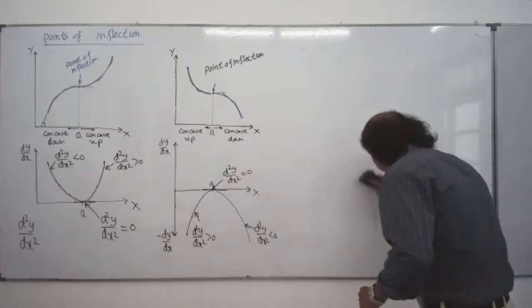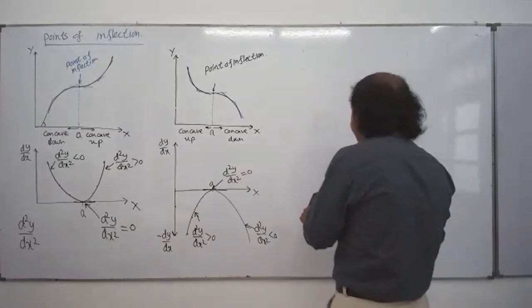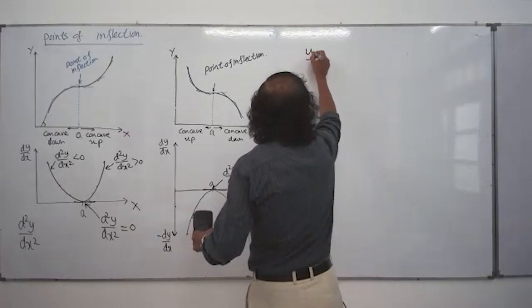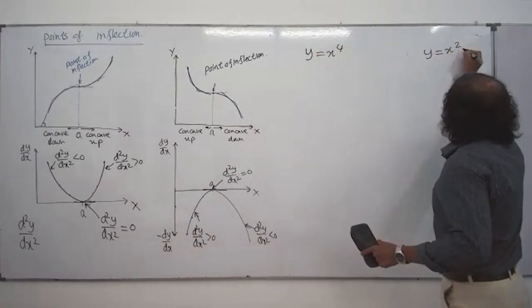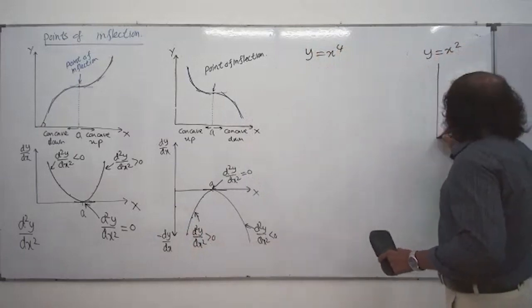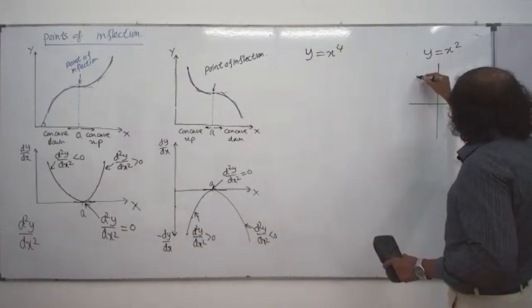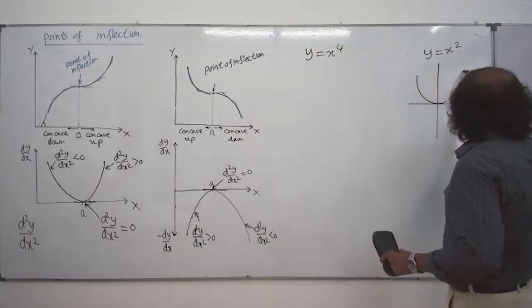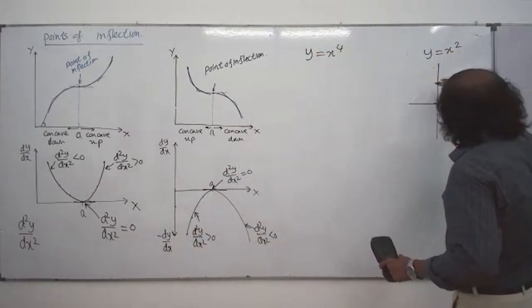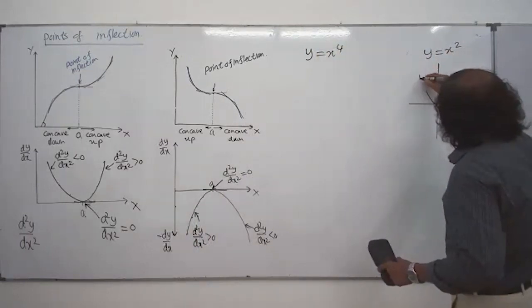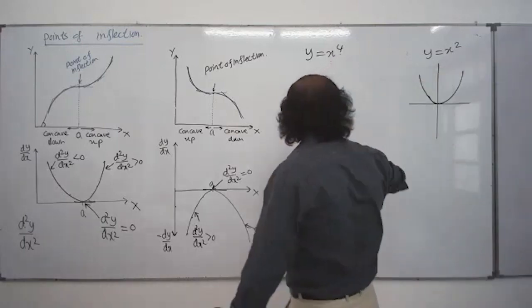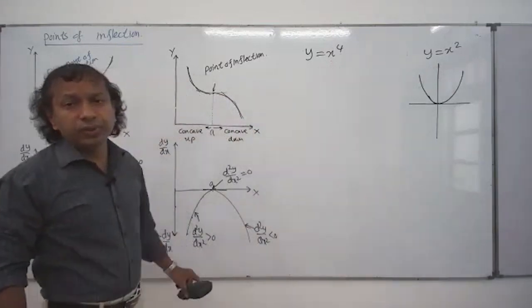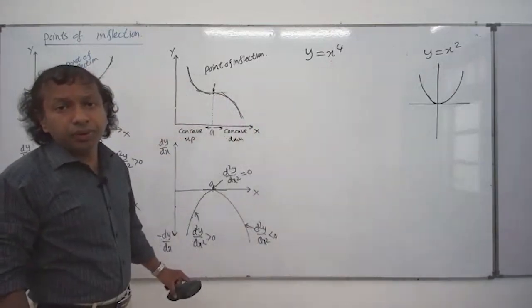The graph of y equals x squared, which we drew in the quadratic equation lesson, is a minimum graph passing through the origin. This graph has the same shape.